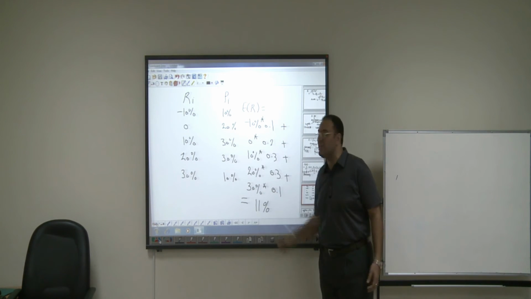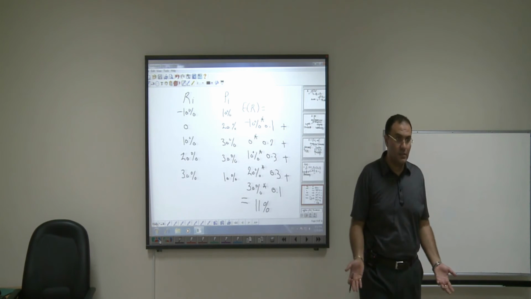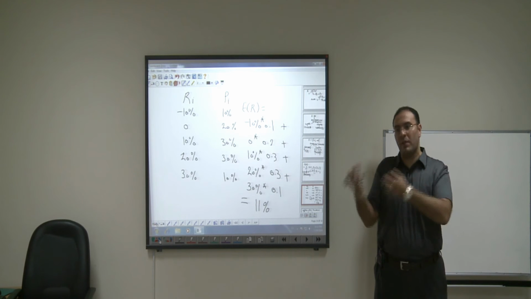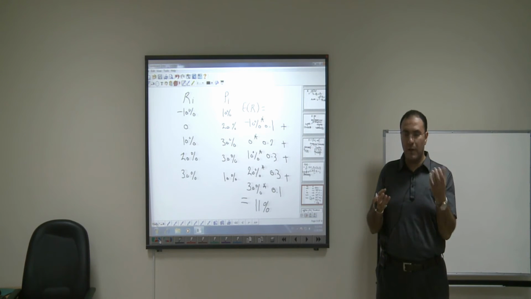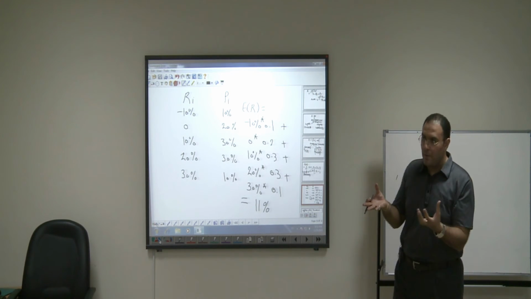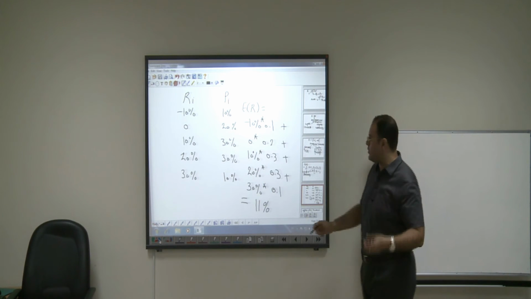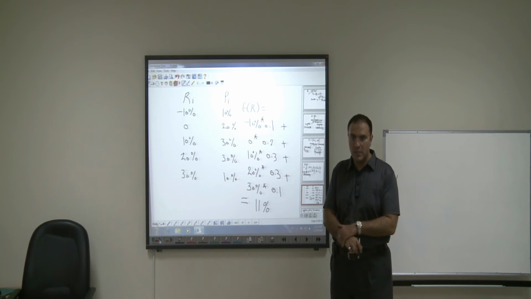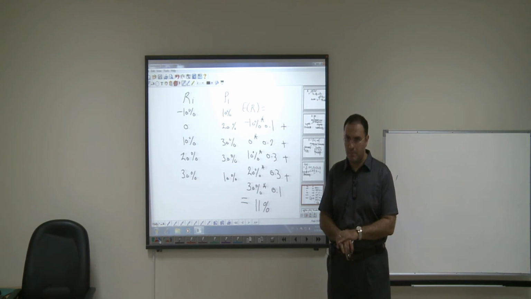The most likely R is 11%. What you have is possibilities and probabilities, and based on them you can solve for the most likely outcome. I hope this is clear.